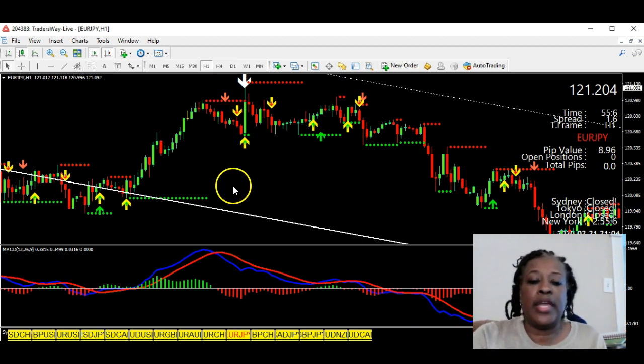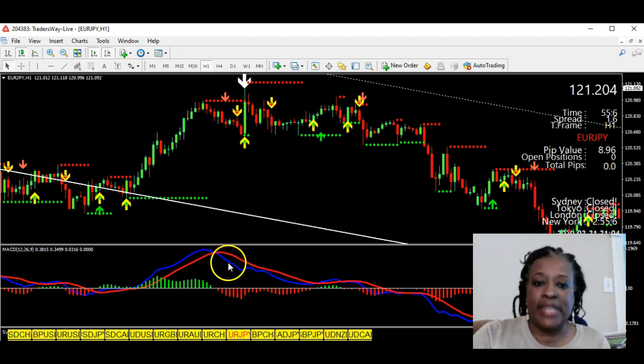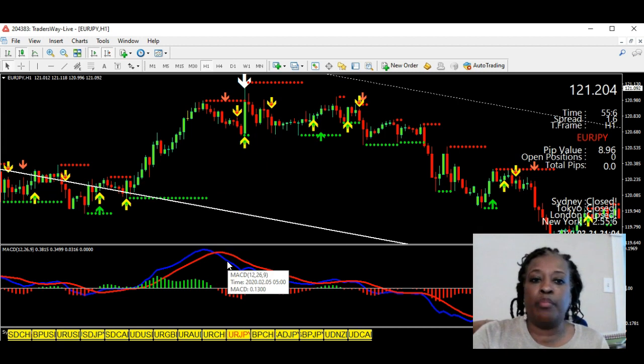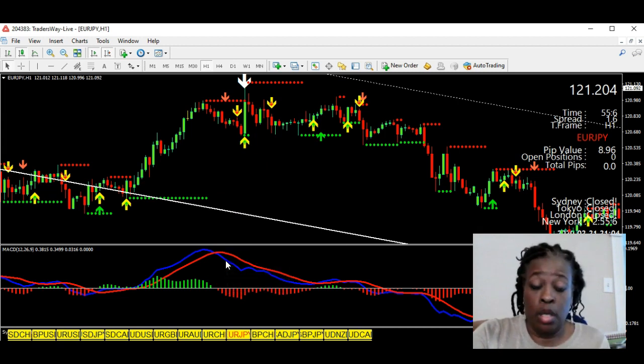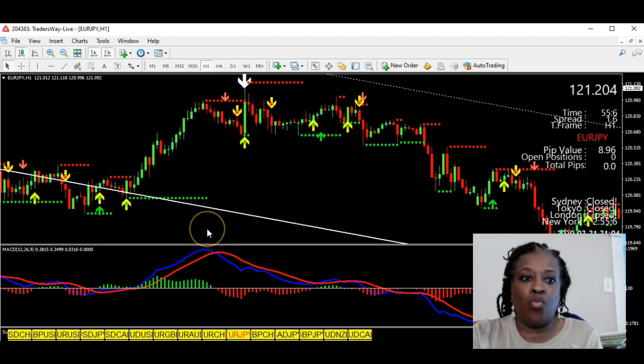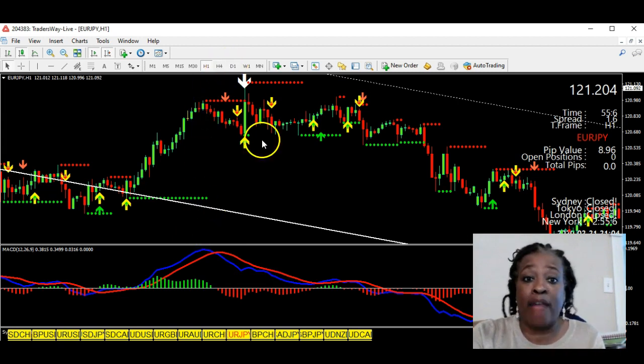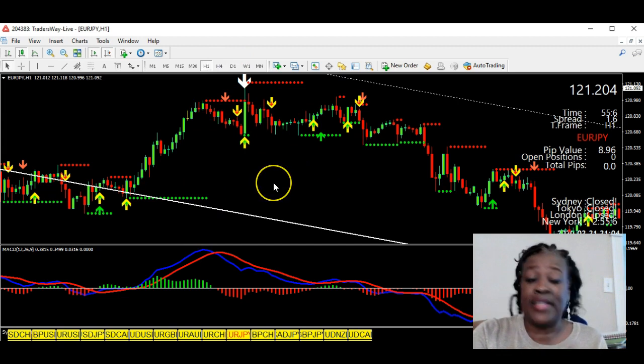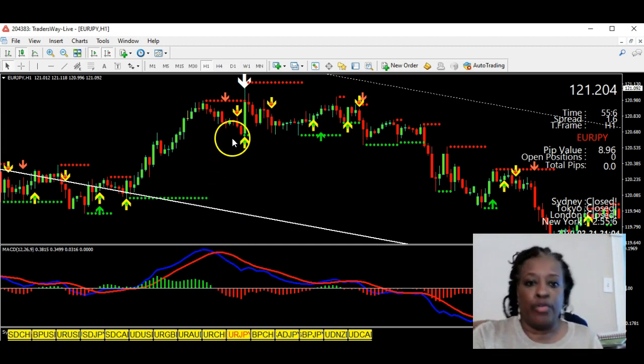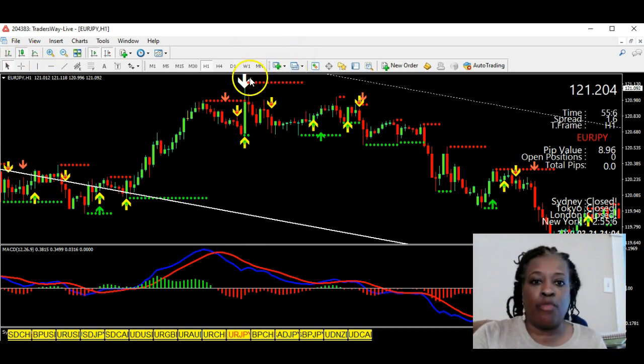Now, the MACD algorithm is not perfectly aligned with your arrow signals. It doesn't have to be. So this is what I want you to understand. For instance, let me just break down really quick the triple arrow.